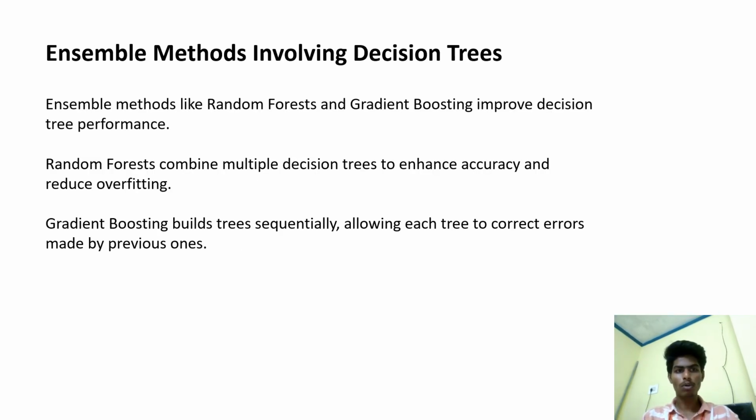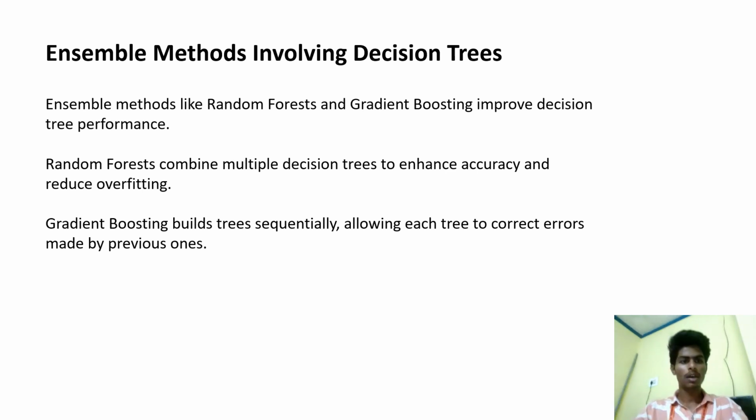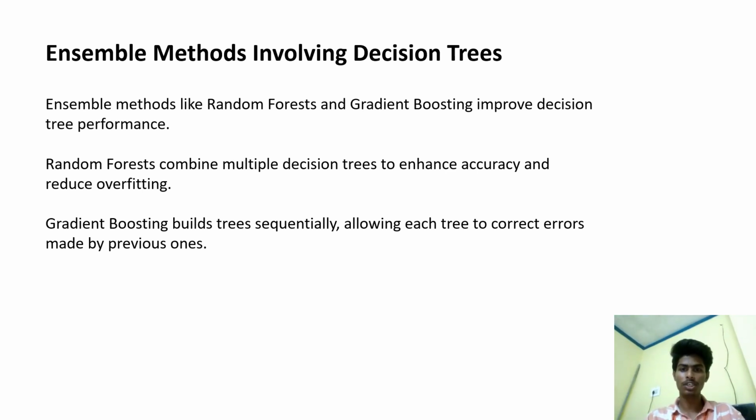Now we are discussing the ensemble methods involving decision trees, meaning which methods use decision trees. Ensemble methods like random forest and gradient boosting improve decision tree performance. Random forests combine multiple decision trees to enhance accuracy and reduce overfitting.